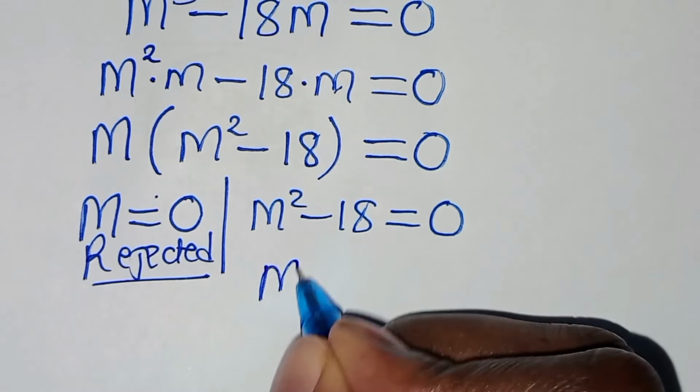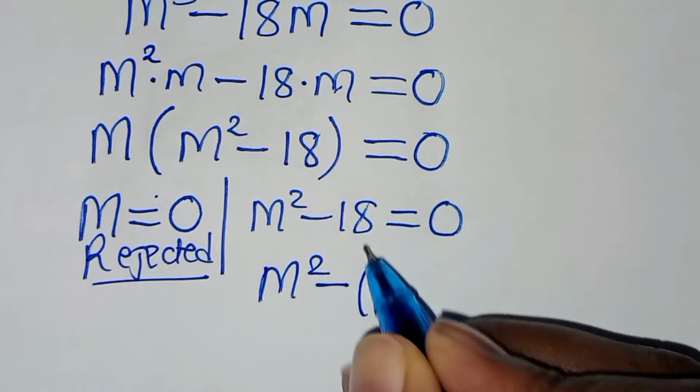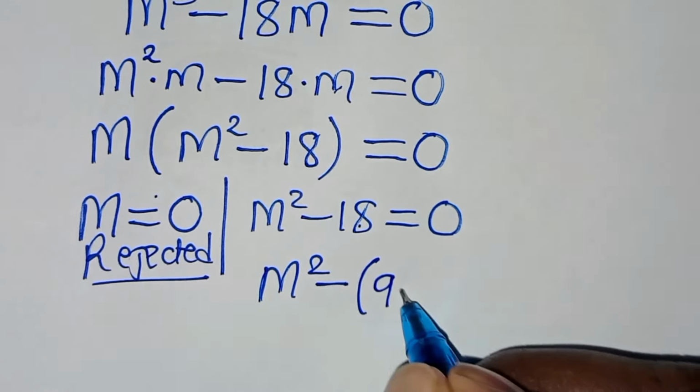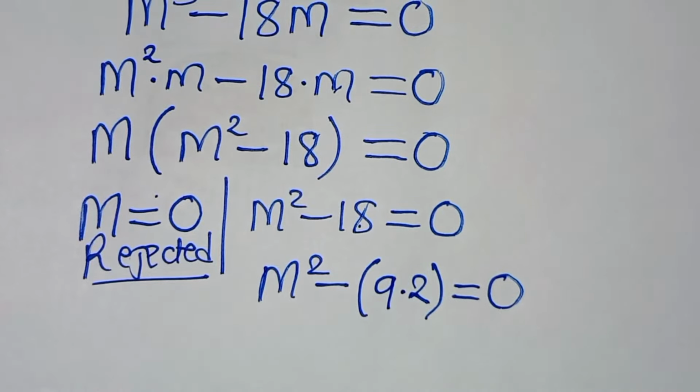So this is m squared minus 18 equal to 0. We can express 18 as 9 times 2.